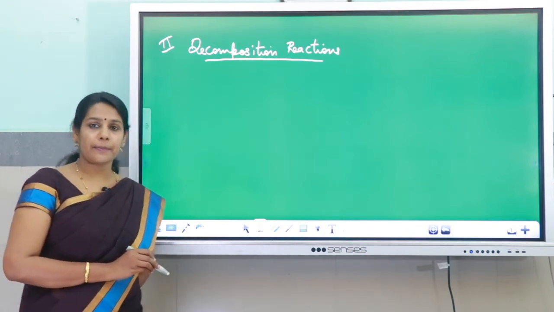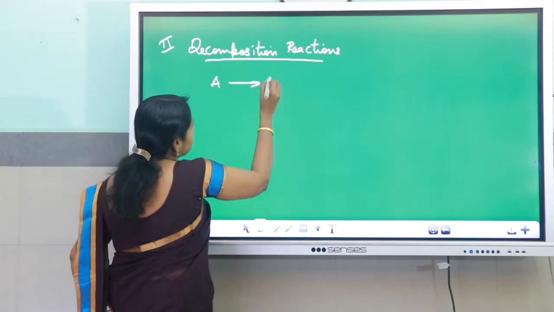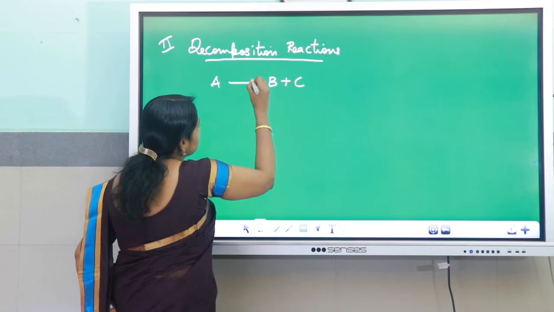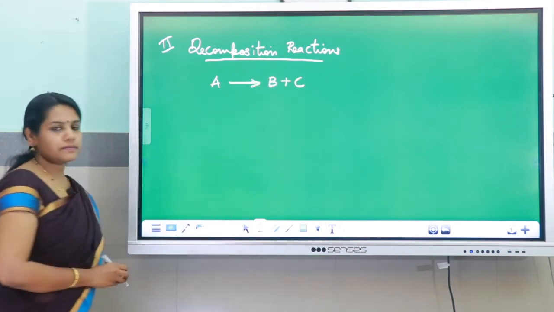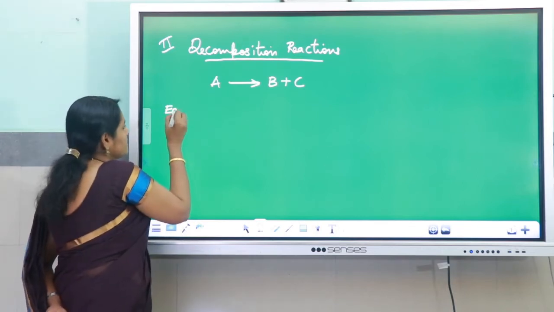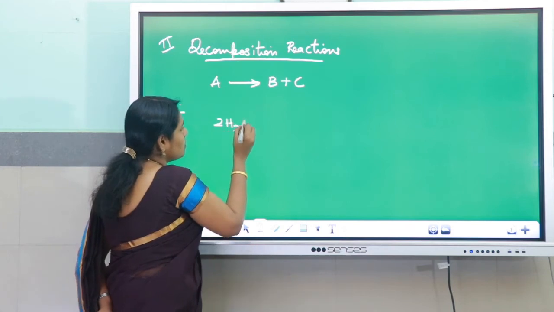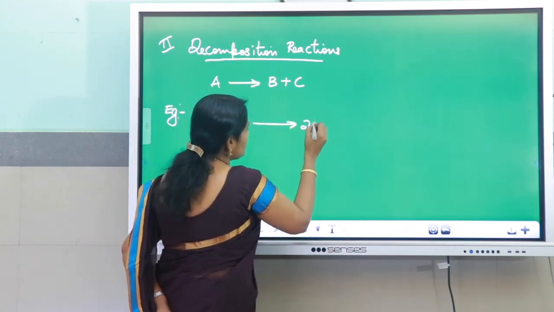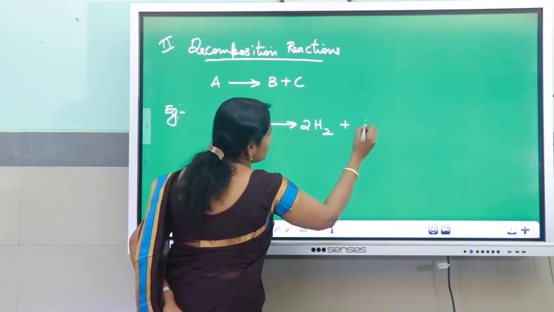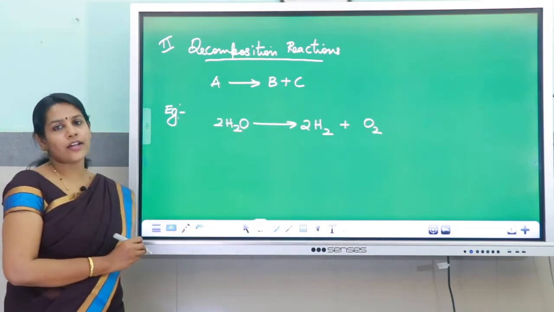In general, it is represented as A gives B plus C. So let us see a few examples. 2H2O gives 2H2 plus O2. So this is a decomposition reaction. Here water is decomposed to H2 and O2.